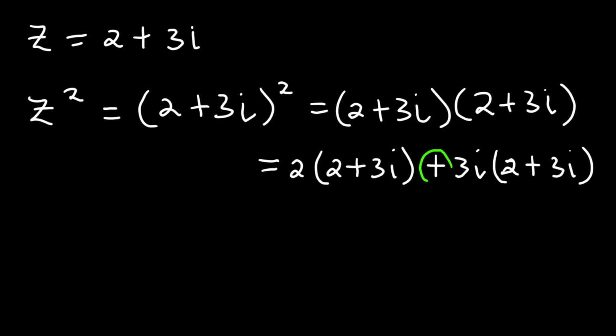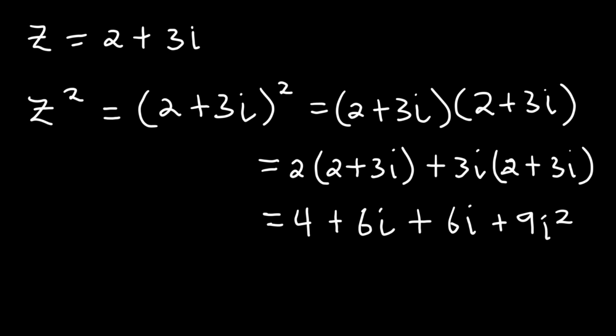We used addition here because we have a plus sign in the first bracket. If it was a minus sign, then you subtract. So now let's open up the brackets. 2 times 2 will give us 4, and then plus 2 times 3i, which will give us 6i, plus 3i times 2 will give us 6i, and then 3i times 3i will give us 9i raised to the power of 2.